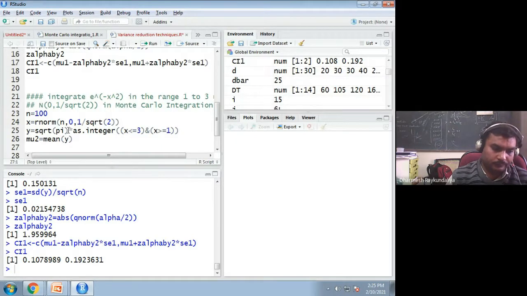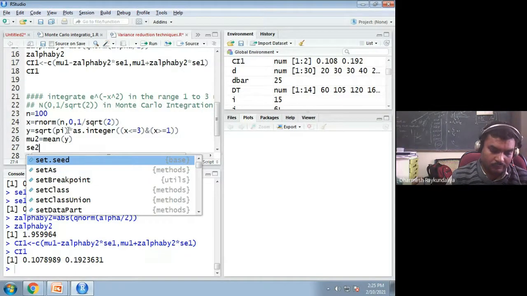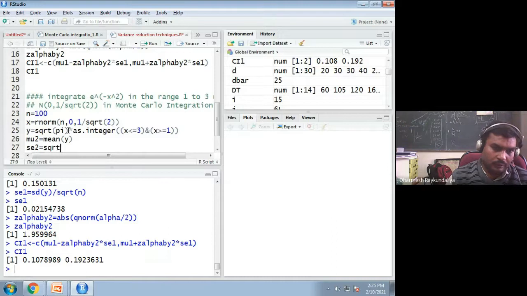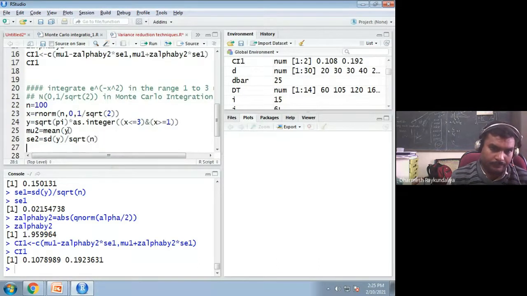Then SE2 is nothing but the SD of y divided by square root of n, and the confidence interval is same as before.